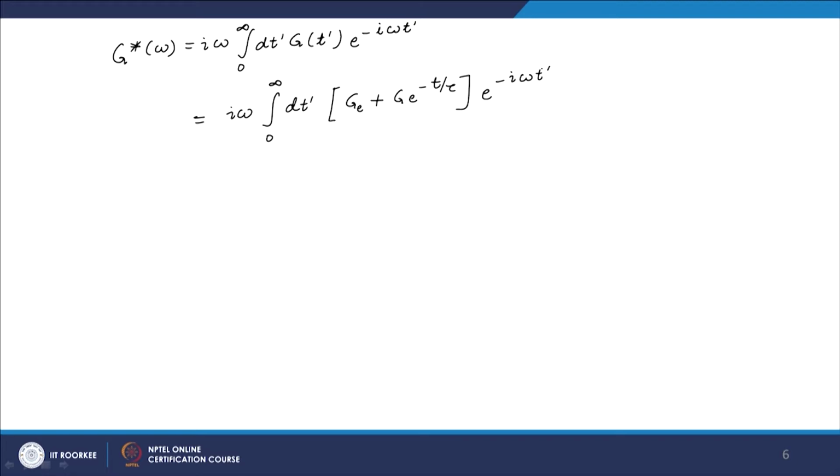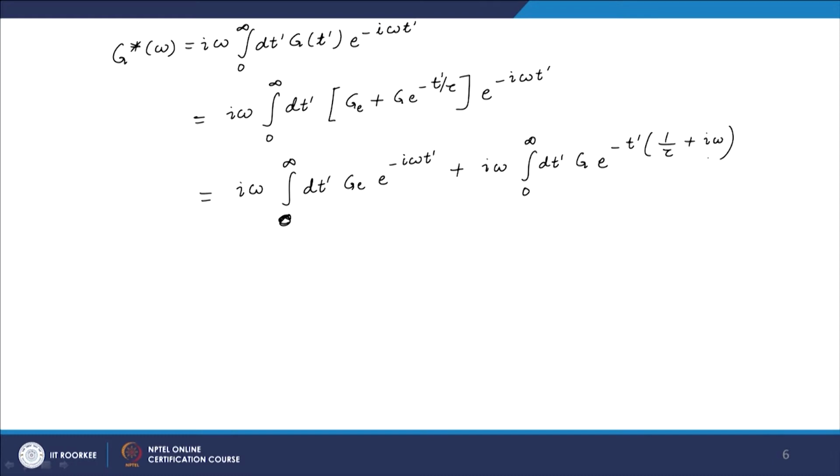So if I look at the two terms here, the first term is this, and the second term is something like that.